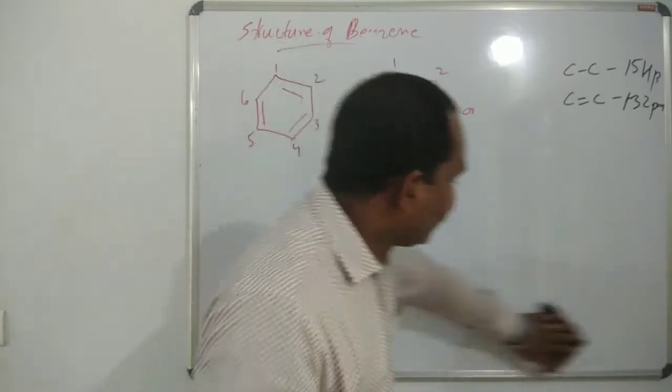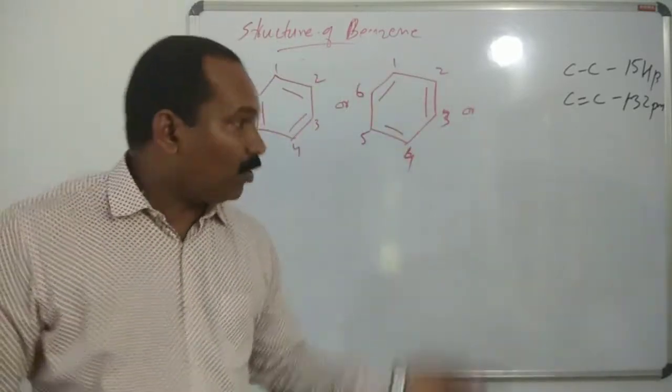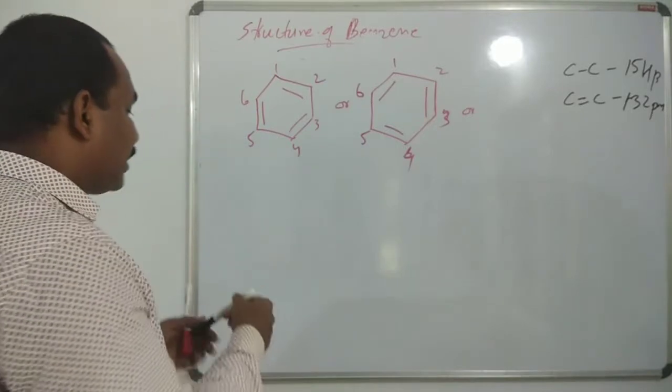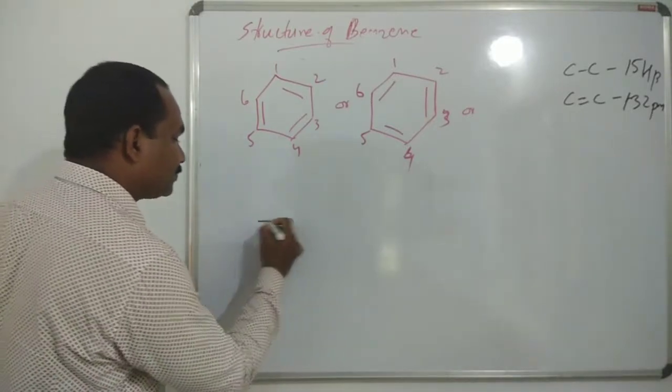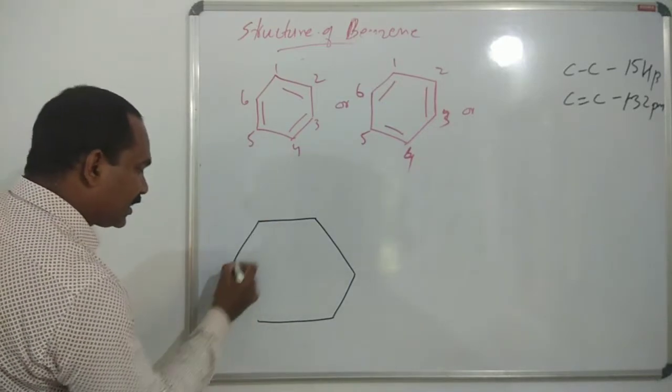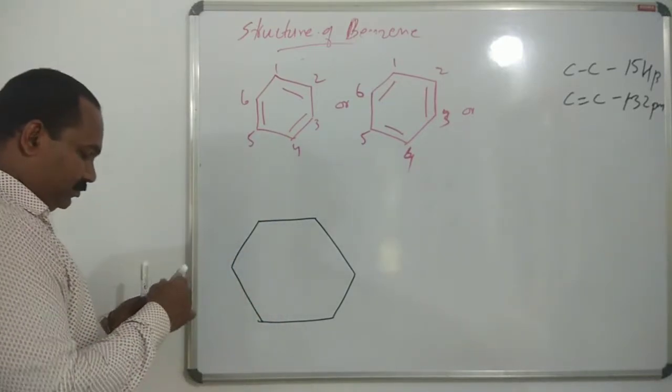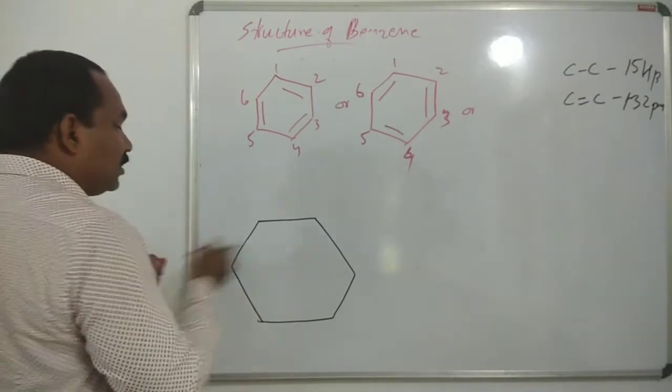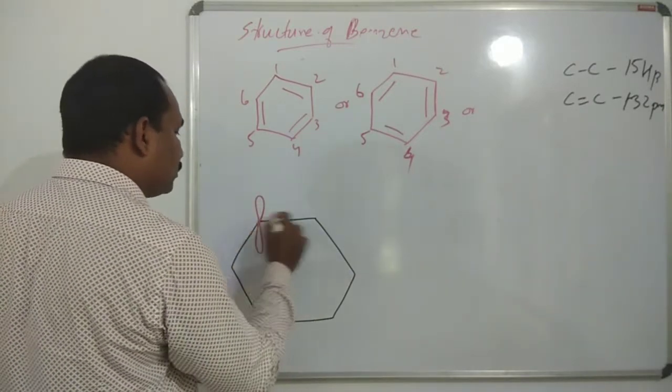And the MO theory explanation of the bond length 139 picometer is: benzene ring is a hexagonal ring with 6 carbon atoms.